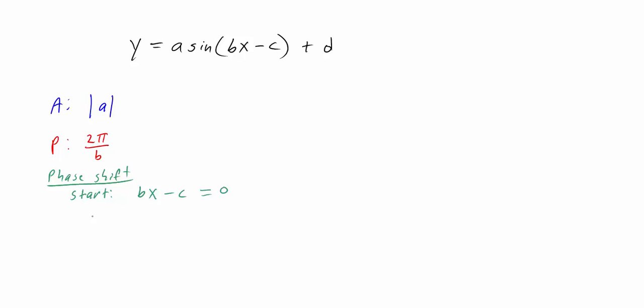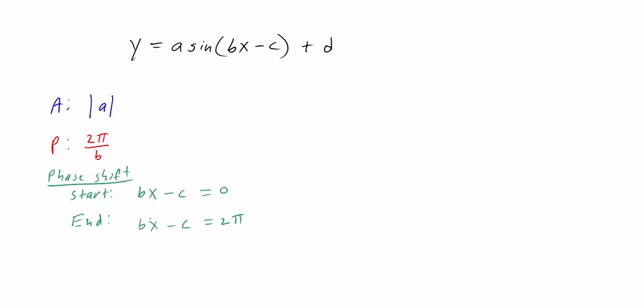And to find the end of a period, now I'm not saying the end of the graph because the graph continues forever, we could take the bx minus c and set it equal to 2 pi. So this would give us one particular starting point and one particular end point to represent one period for the graph. So again, the absolute value of a is the amplitude, the period is 2 pi divided by b, where b is the coefficient of x, and for the phase shift, we set bx minus c equal to 0.